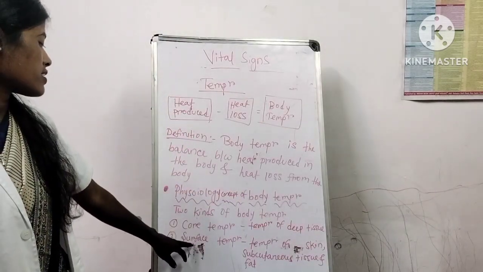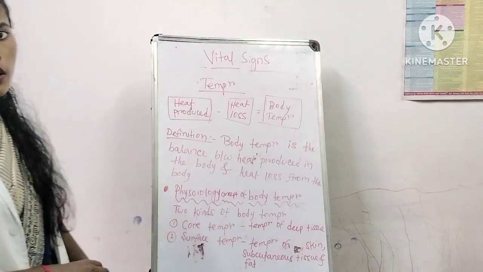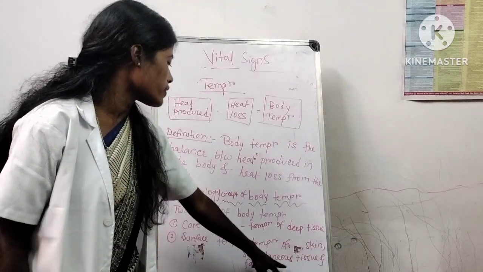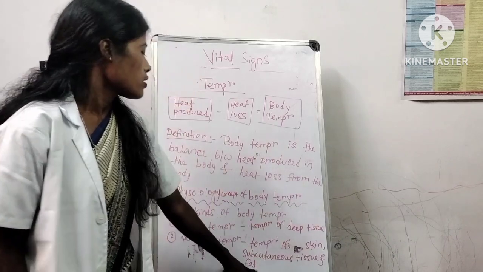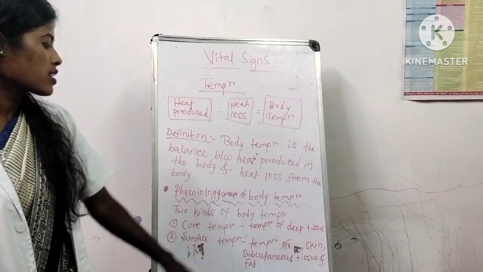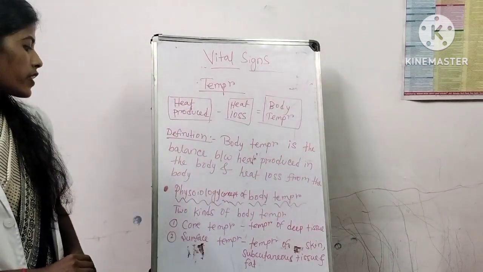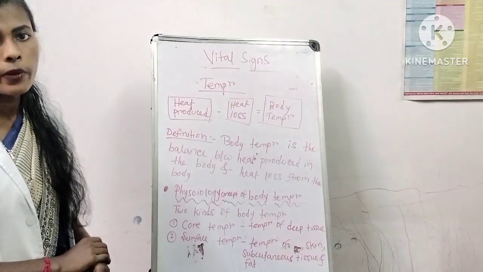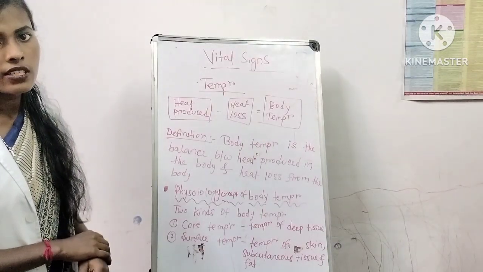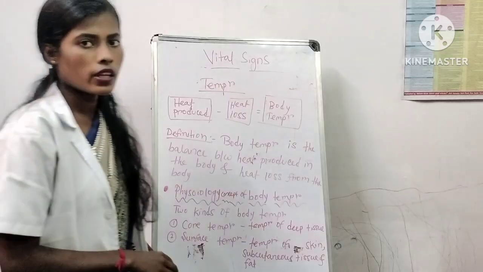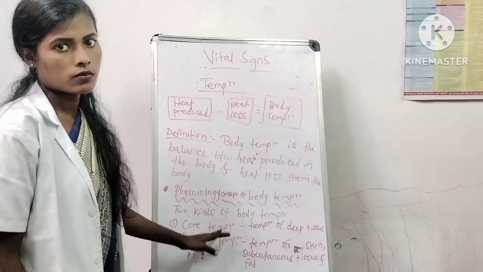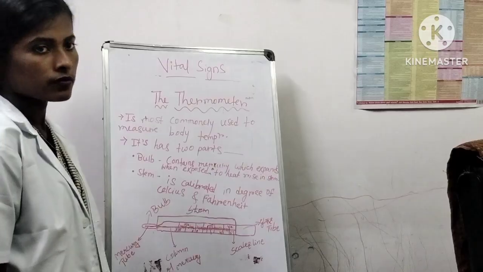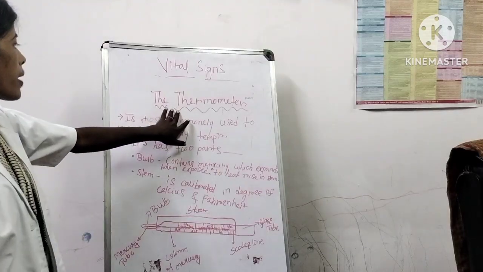Surface temperature is the temperature of the outer part, the skin, subcutaneous tissue and fat. According to environmental temperature, it will rise and fall. Now we are discussing the thermometer.